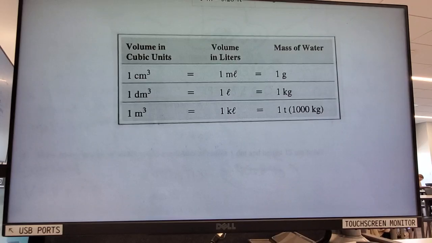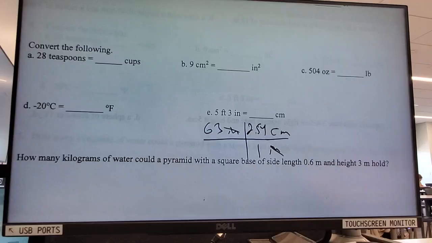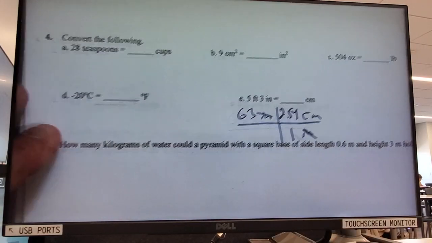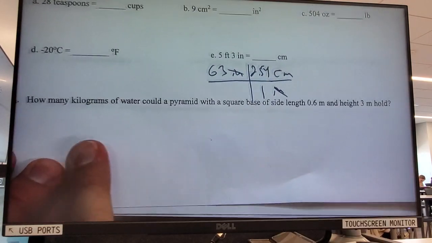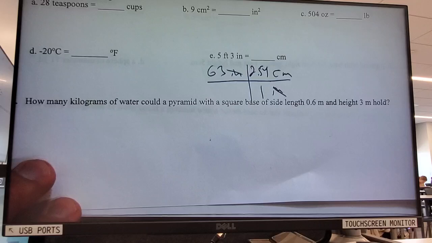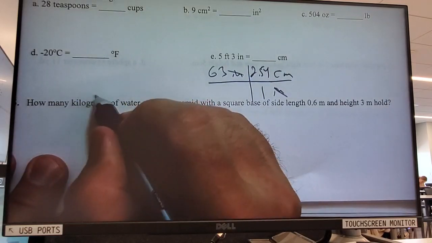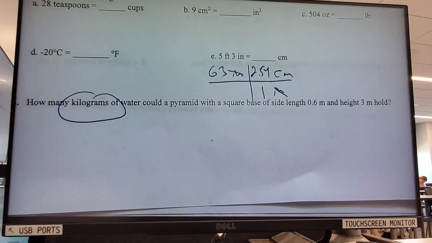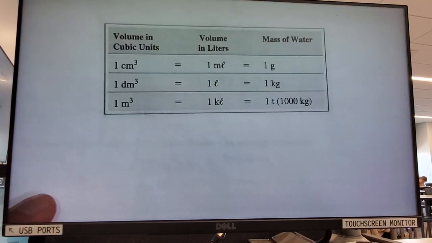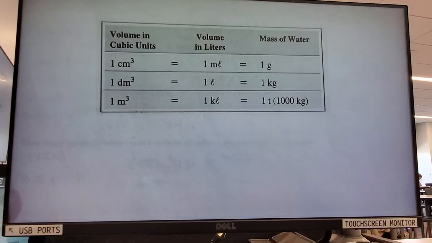Can we go over number 5 in relation to that? Oh yeah. All right. So what's the very first thing I have to do here? In fact, I'm asking for kilograms. So let's see. If I look at my chart, what side unit of length leads to kilograms of water?